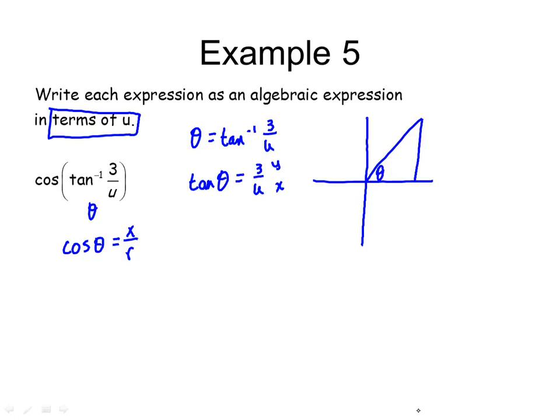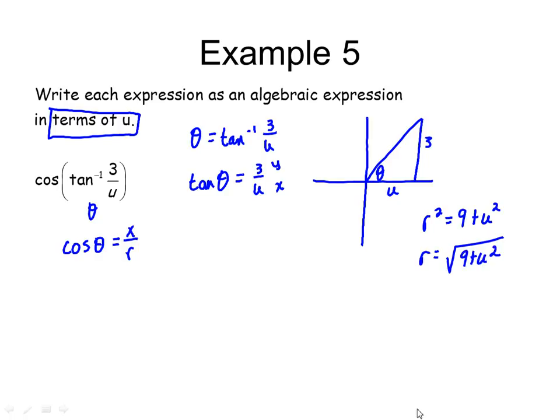Tangent is going to be opposite, which is 3, over adjacent, which is u. But what do we need? We need to find r. R squared is equal to 3 squared, which is 9, plus u squared. So r is equal to the square root of 9 plus u squared.